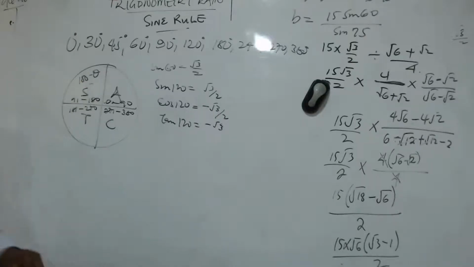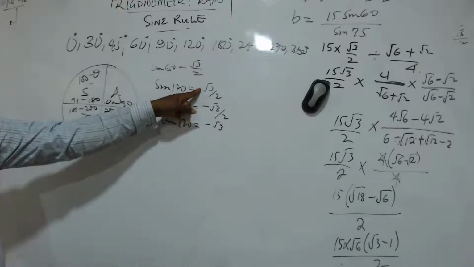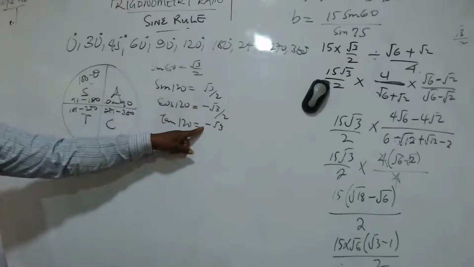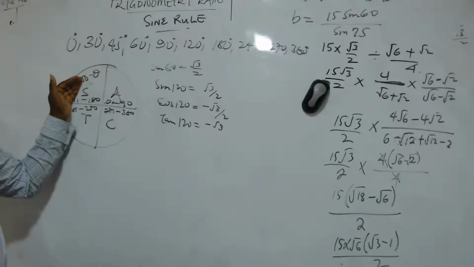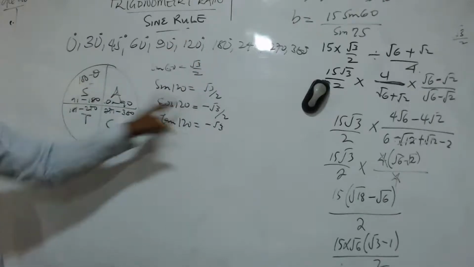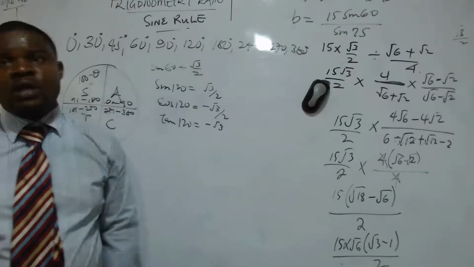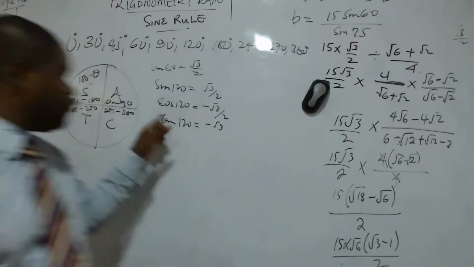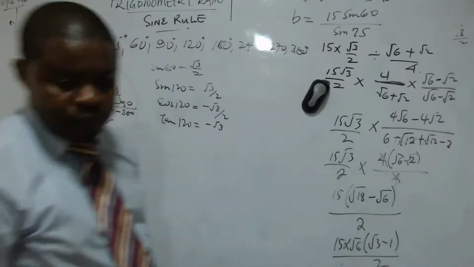Now, if you take note of this, only sin here is positive. But cos and tan are negative, because it falls in this quadrant. So I don't need to use a calculator. I just know the value of that, going by this quadrant, you'll be able to do that and get your values for the remaining angles. Right? Okay?